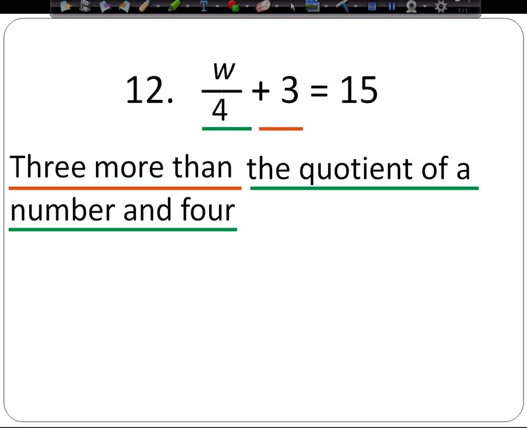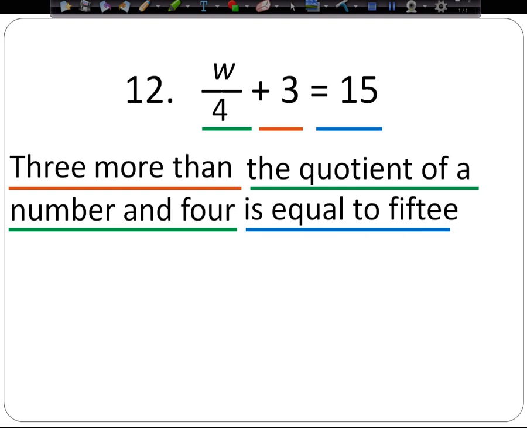Again, that number could be any number, but we've chosen W for that random number, that variable. The quotient of a number and 4 is equal to 15. Make sure that you have this written down before you move on to the next slide.